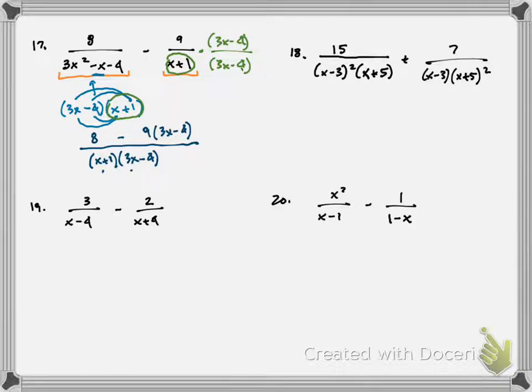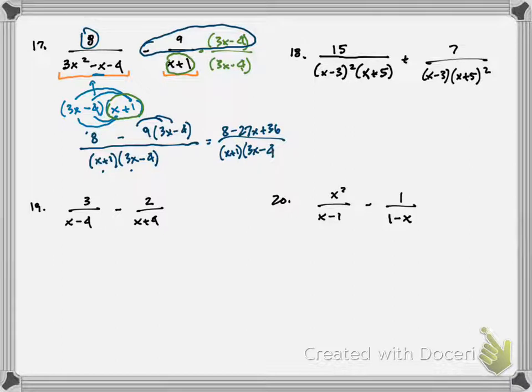I pulled together the 8, along with the minus 9 multiplied by the quantity 3x minus 4, and I'm in business. I'm going to distribute my negative 9 to both of these terms, and that will give me 8 minus 27x plus 36 over the factored form x plus 1 times the quantity 3x minus 4.